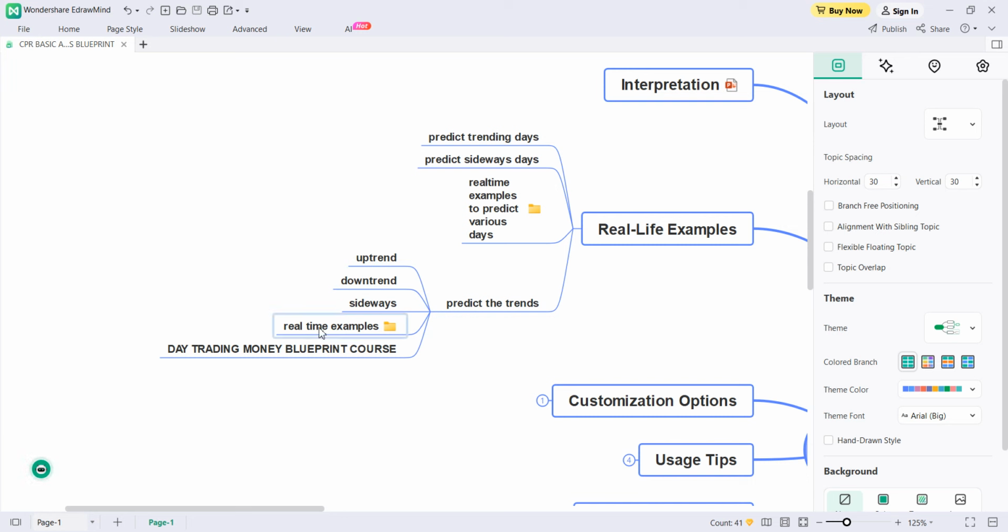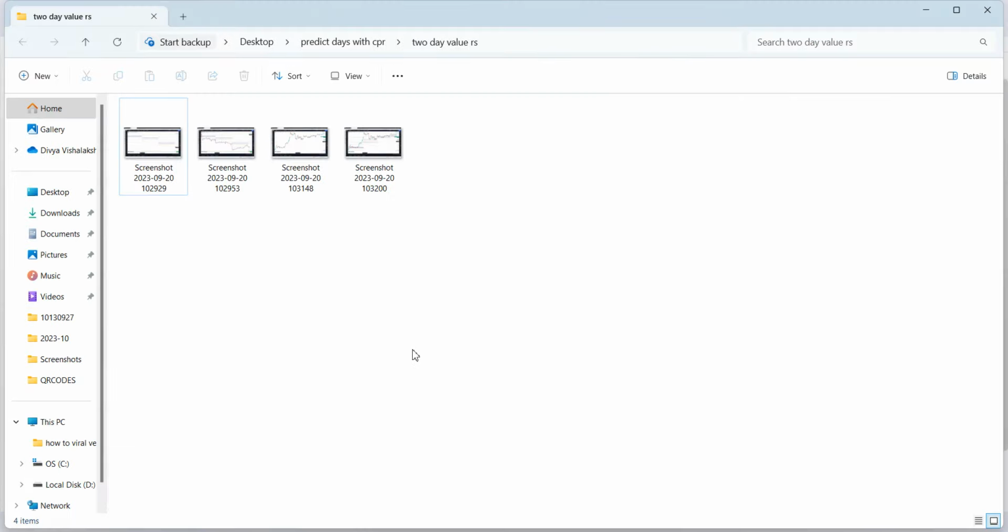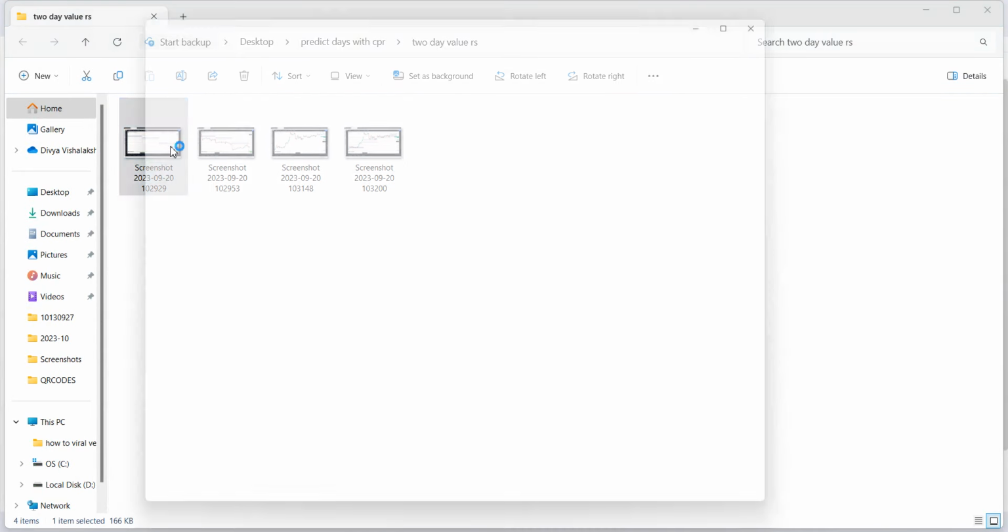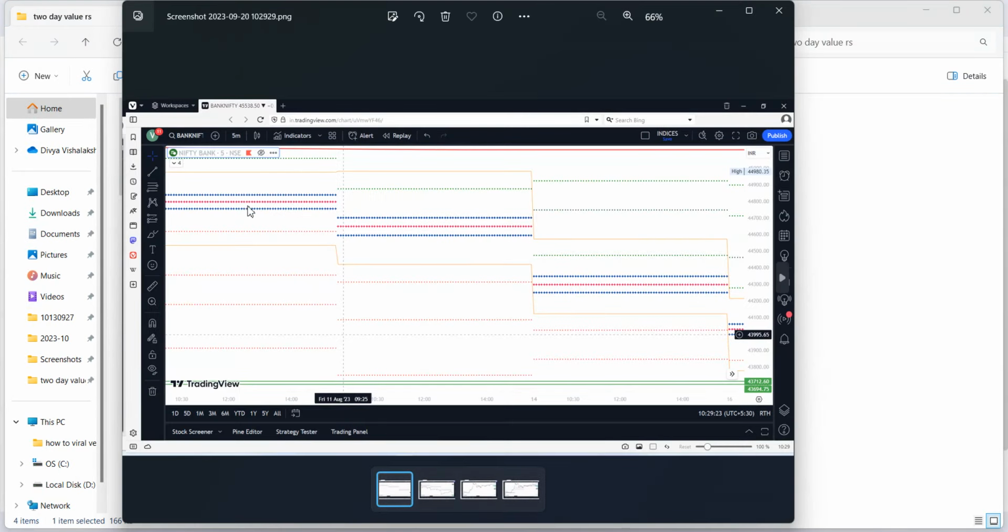These are the real-time examples here. Let's go here. See, when there is a descending CPR like this, descending from here till here, from here till here, this is an indication that the trend is a downtrend.